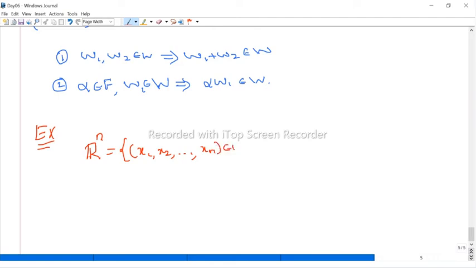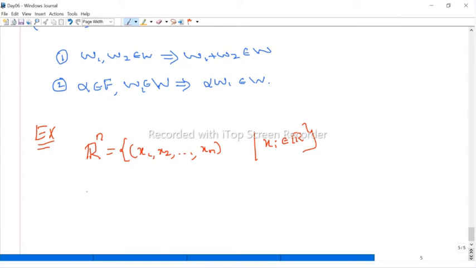Every element in Rn is an n-tuple where the xi's are real numbers. So the set of all n-tuples where each xi comes from the real numbers.